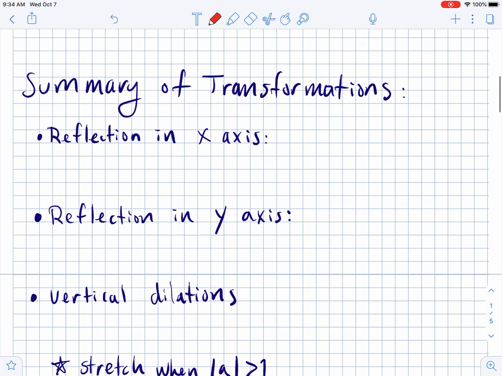All right, let's do a quick summary of transformations. I realize we've done a lot of these, but we did them all with parabolas. Now we're just going to go into straight function notation, which can look kind of weird to some people, but we're going to list out every single transformation we can have. First one, the reflection in the x-axis is y equals negative f of x.